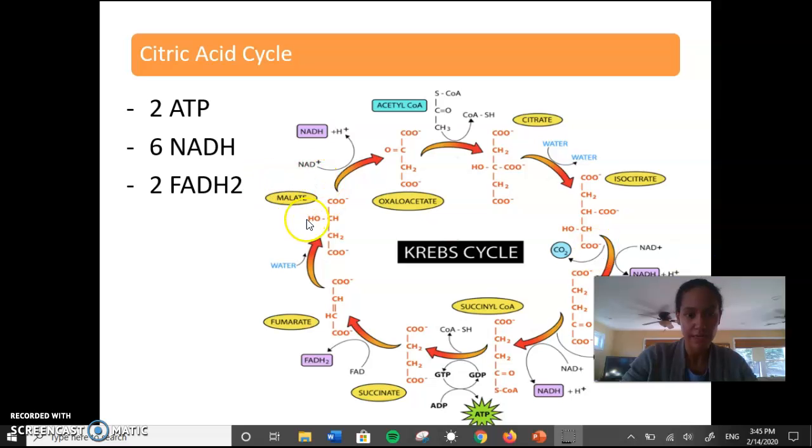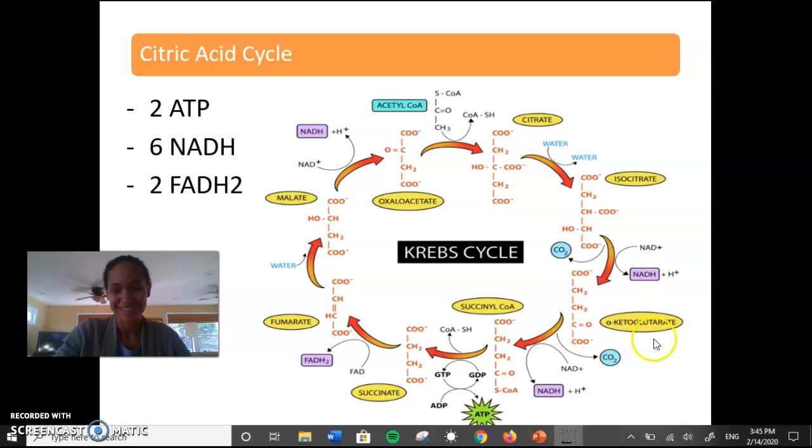So I'll point that out. So malate and alpha ketoglutarate. In these 3 steps, isocitrate, alpha ketoglutarate, and malate, NADH is formed. Last, with the FADH2, FADH2 is from 2 molecules of succinate, so we'll have 2 molecules of FADH2 formed in the citric acid cycle.